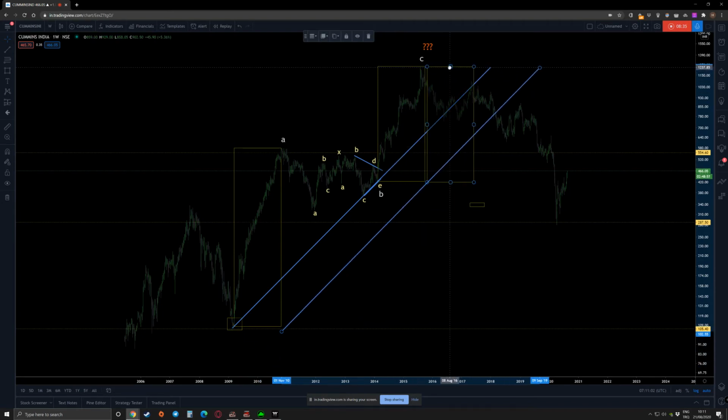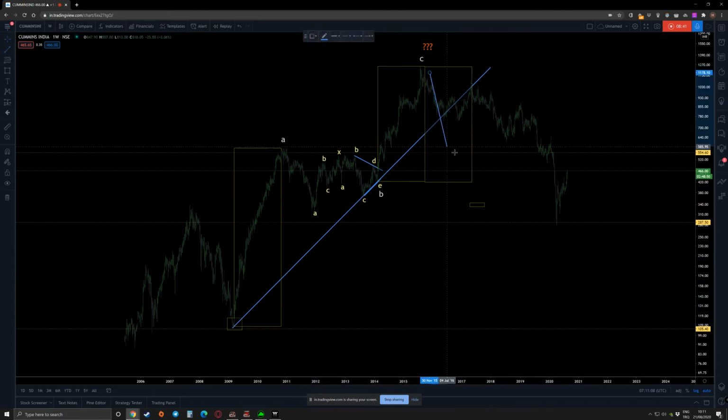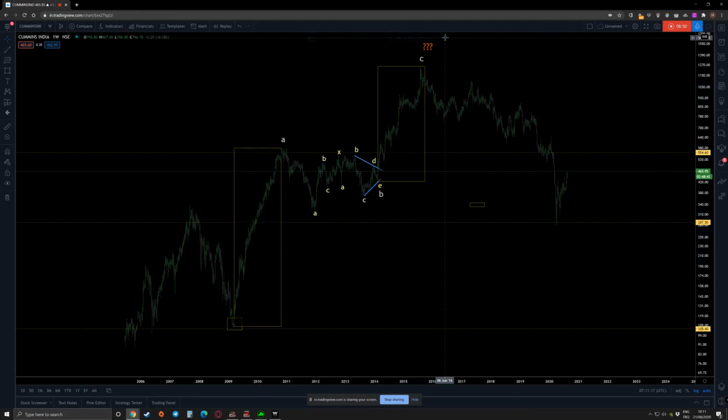I took it on the right side. But it should have come back down to the B wave. Well, as you can see, it didn't. It means that this top is not the end of my corrective wave. It's somewhere here. Many people always make this mistake.